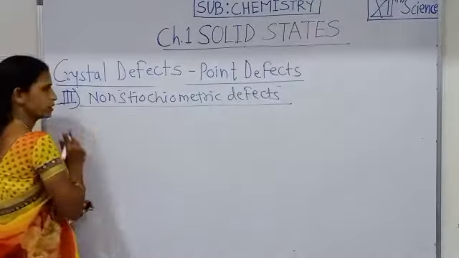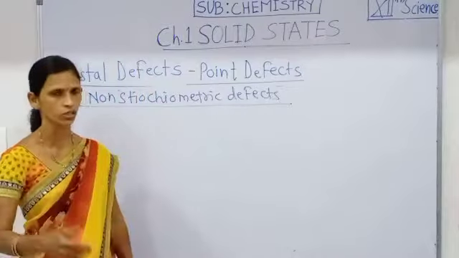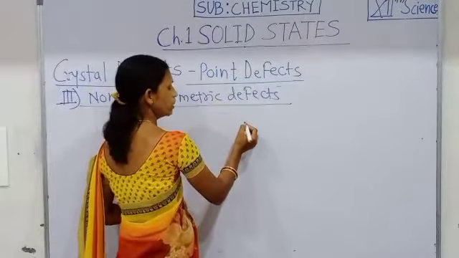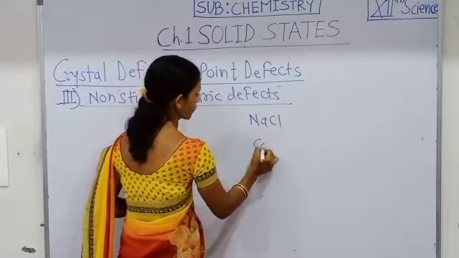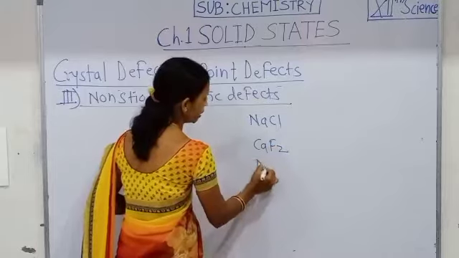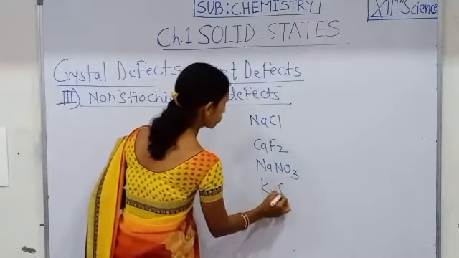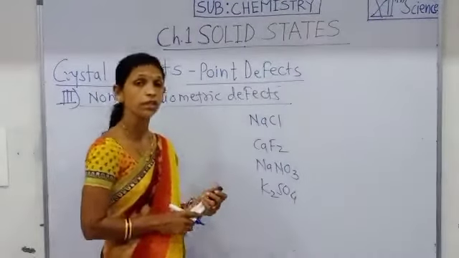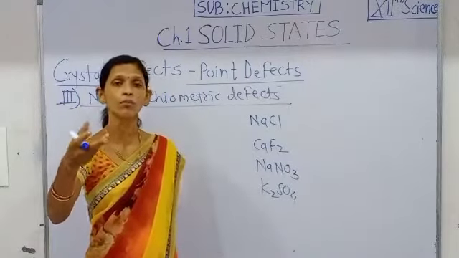Non-stoichiometric defects. First of all, we have to recall stoichiometry and non-stoichiometry. Stoichiometry means any chemical compound, for example NaCl, CaF2, NaNO3, K2SO4, has a whole number ratio of its constituent atoms or particles.